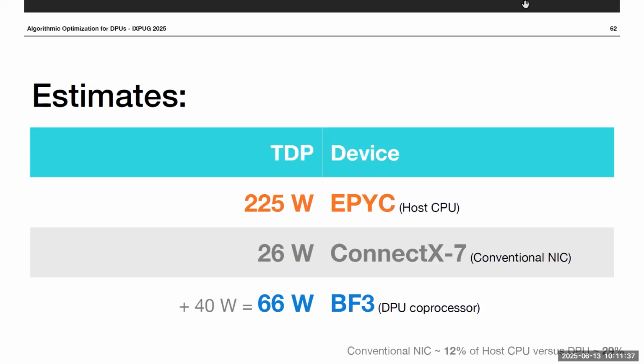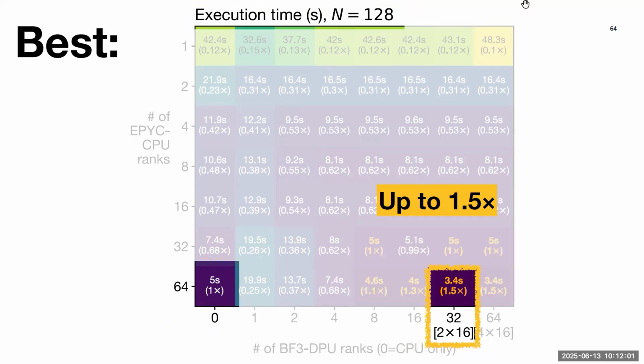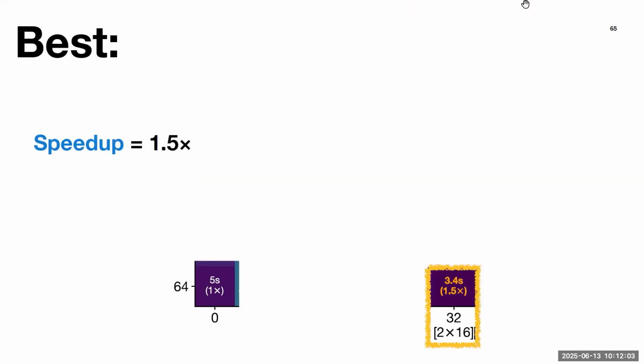Okay, so if we look at an EPYC CPU, a standard NIC, which these are estimates, we can't actually measure these very easily. The max TDP for a BF3 is more than 66 watts, but that was kind of our best guess effort. So let's say we add 40 watts for a BlueField. And if we look at some of our best performing test cases from the Intel Xeon server, let's just pick one of those.